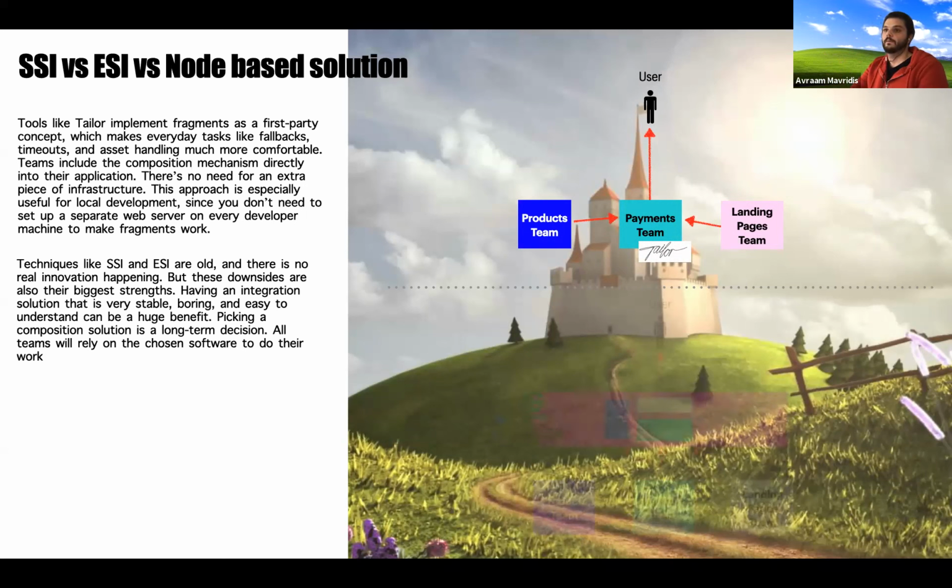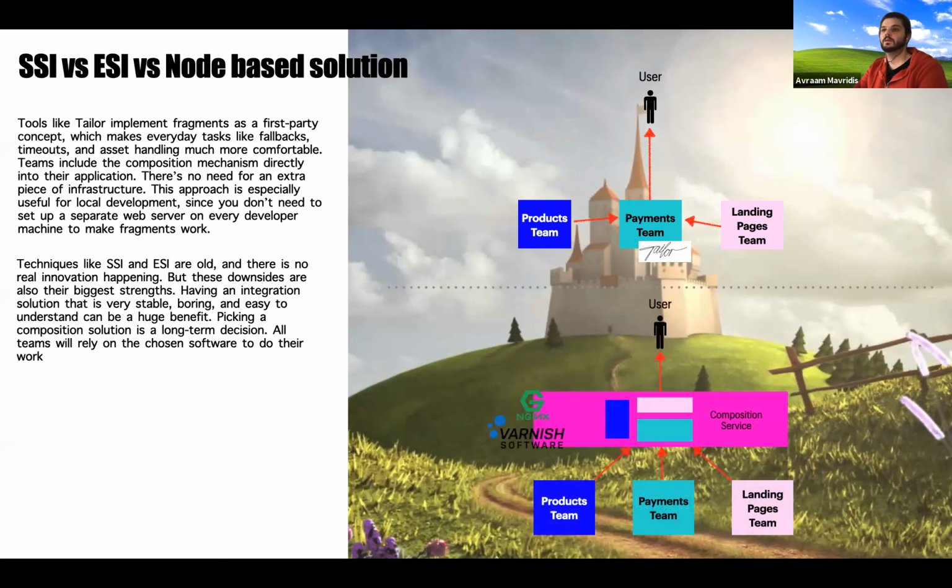About the SSI and server-side include mechanisms, it's old, really old technologies, but that also means that they are very stable. And at the end of the day, it's up to what you as a team can support.